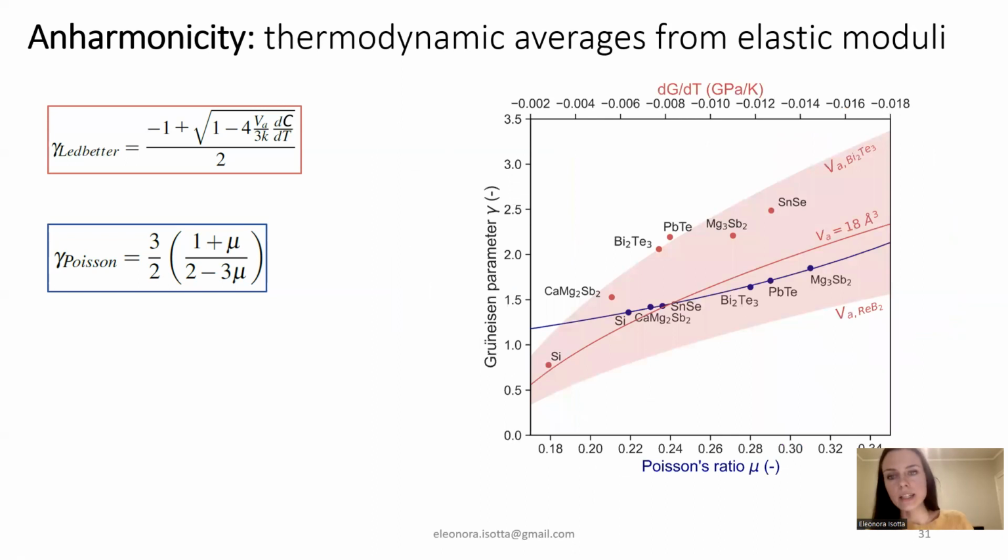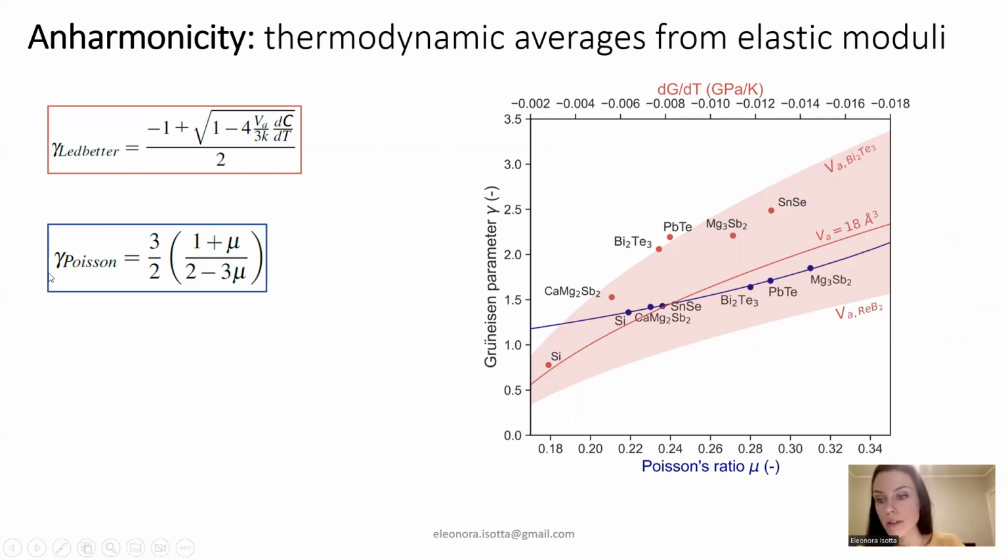So in order to understand this, we took a look at the functional form of the Leadbetter and the Poisson method for calculating the Grüneisen parameter. And in blue here, we have the Grüneisen parameter from the Poisson method for a normal range of Poisson ratios.